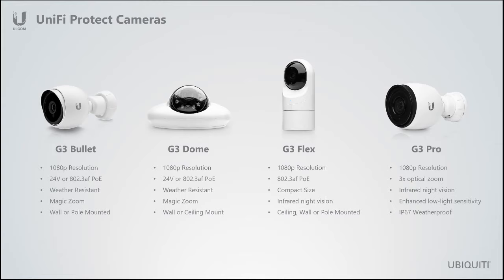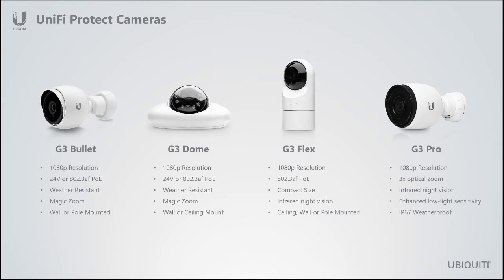We also have a range of UniFi cameras that you may have heard about. We recently launched our range of cameras, the G3 Bullet, the G3 Dome, the G3 Flex, and the Pro. All these cameras offer 1080p resolution and have various different mounting options as well as infrared and low light sensitivity options.